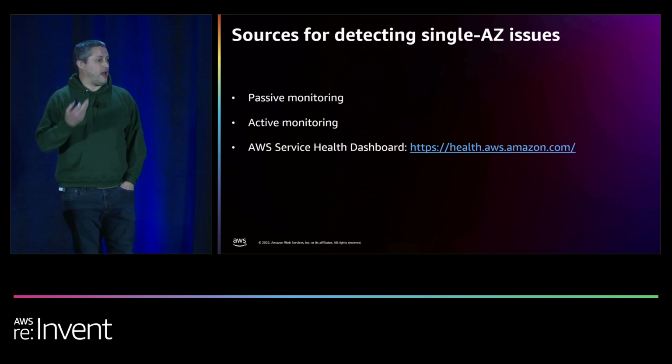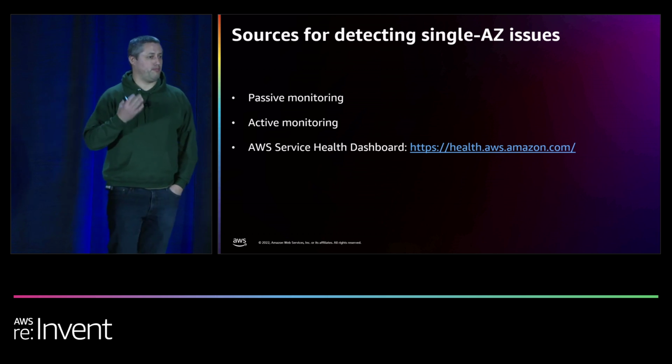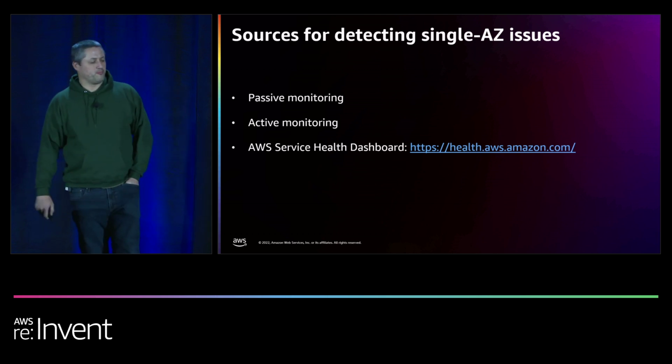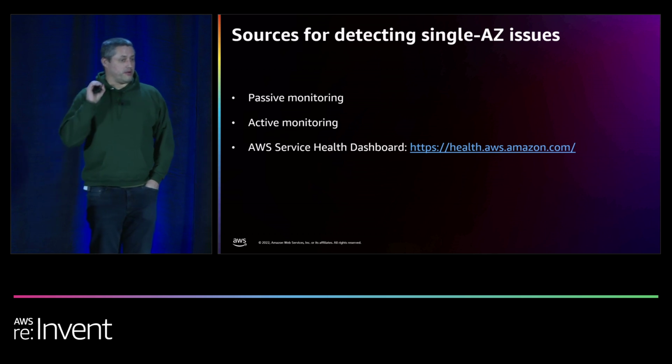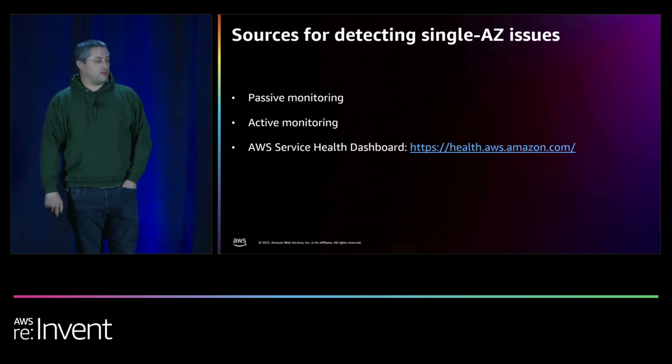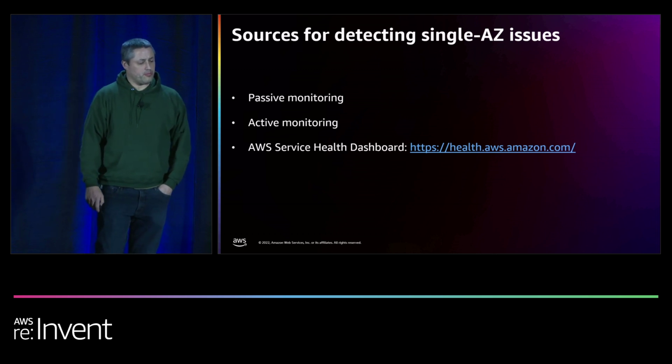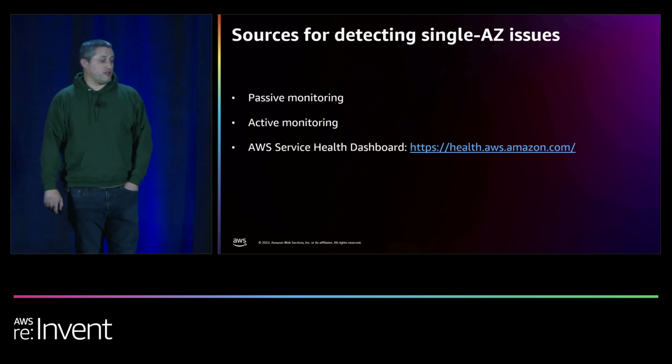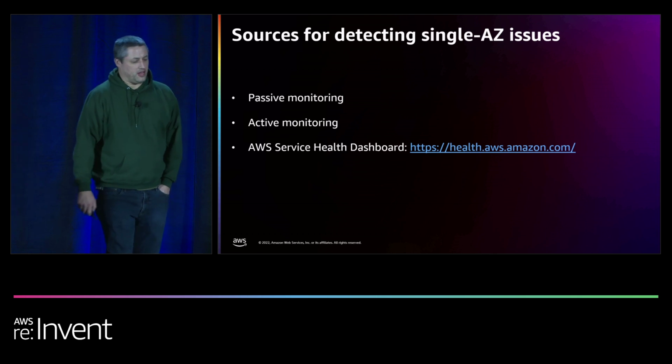The first one is passive monitoring on our hosts that are posting per AZ. The second is active monitoring of each AZ, sending requests to it, and timing the result. Equally, if there is an infrastructure problem within AWS in one AZ, we'll typically post that to the health dashboard, so you can see that potentially as well.